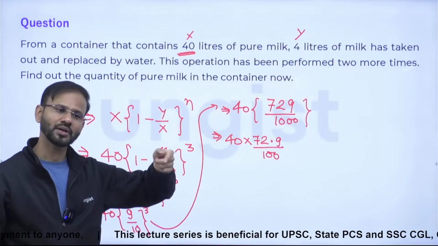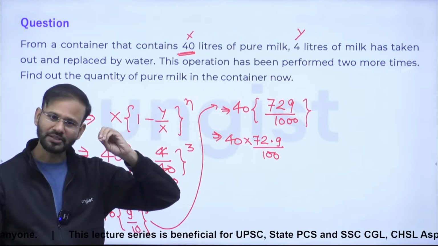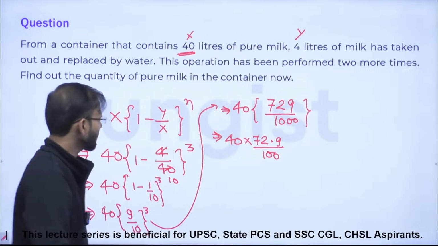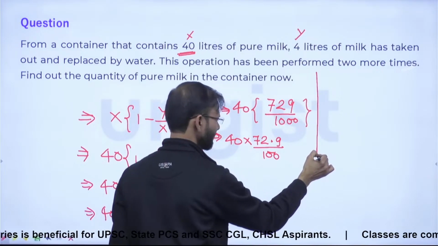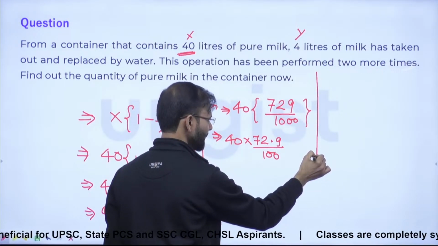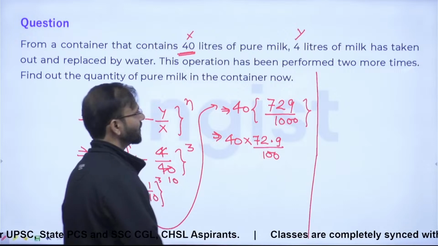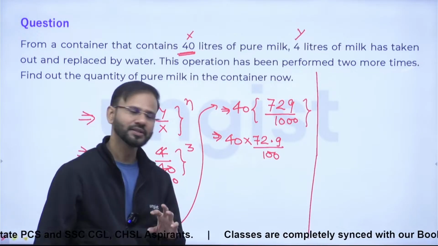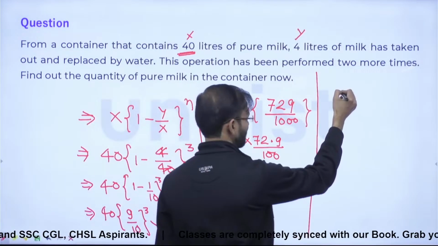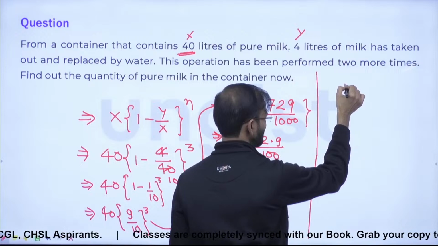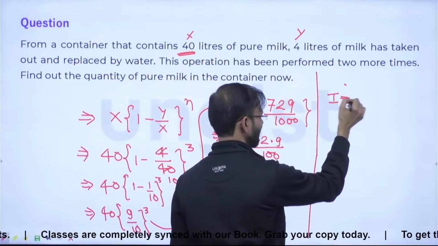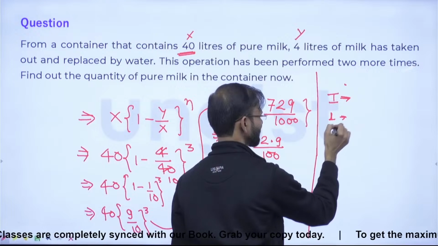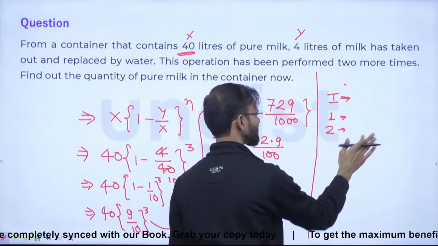And now please try to understand what is actually happening. See, all of you, just try to understand what is actually happening over here. Suppose that initially, let's say it is initially, it is after one operation, it is after two operations, it is after three operations and so on.